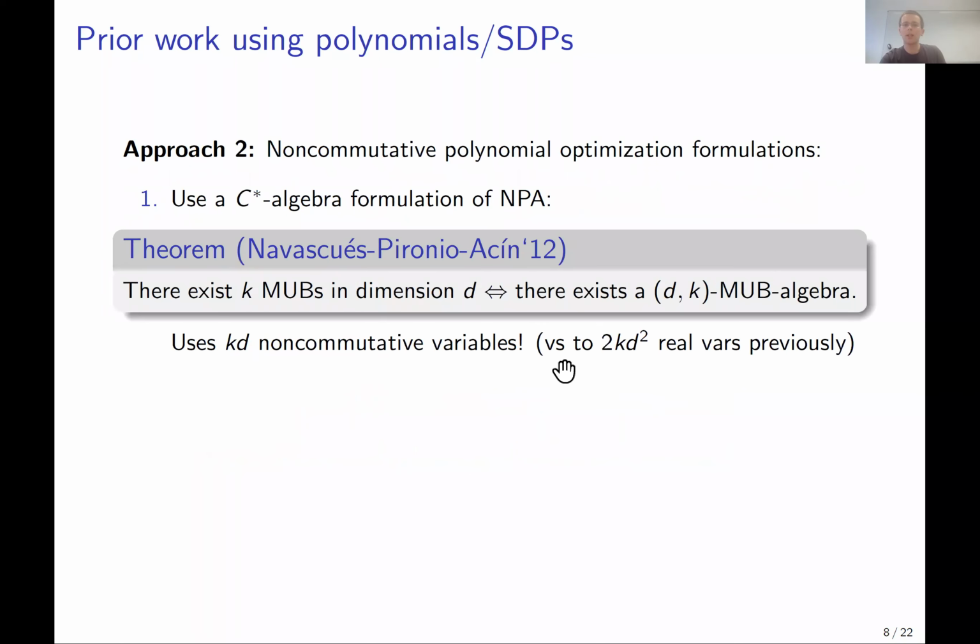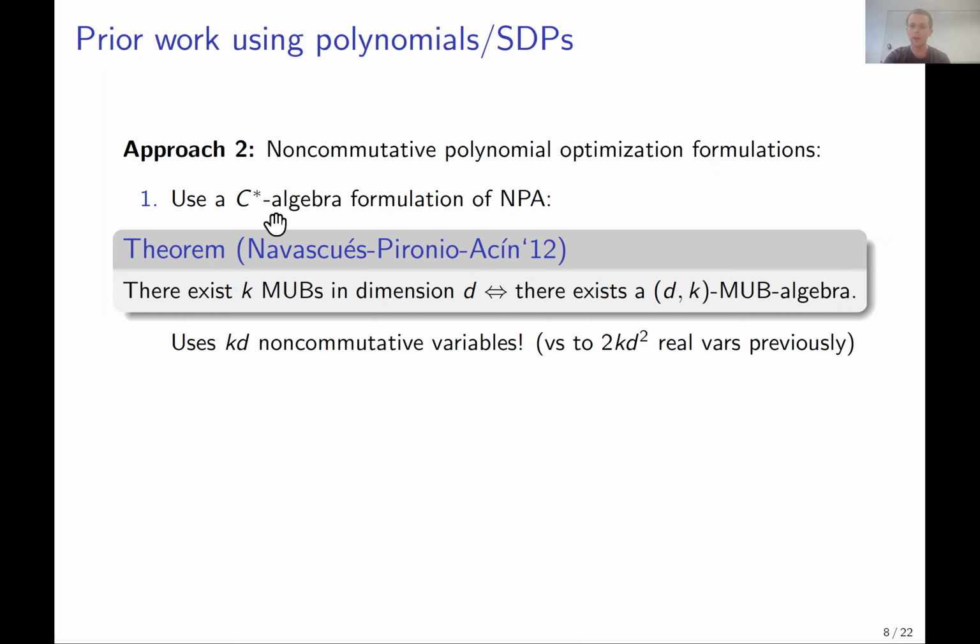The second approach, you can think of it as reducing the number of variables. You would like to work with non-commutative variables, meaning that you can work with your projectors as variables instead of parameterizing each of the coefficients of your basis vectors. And here there are two, as far as I know, inequivalent formulations that one can try to use.